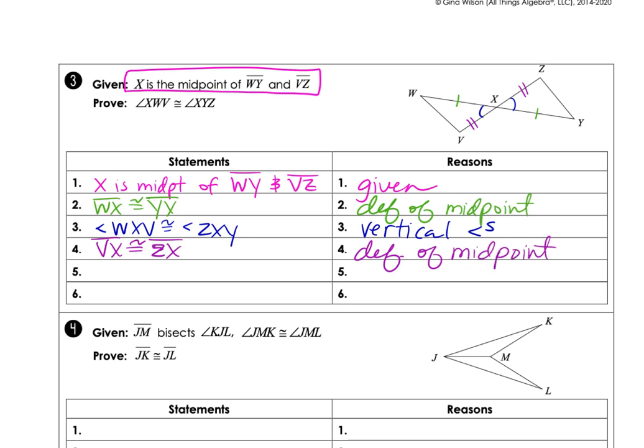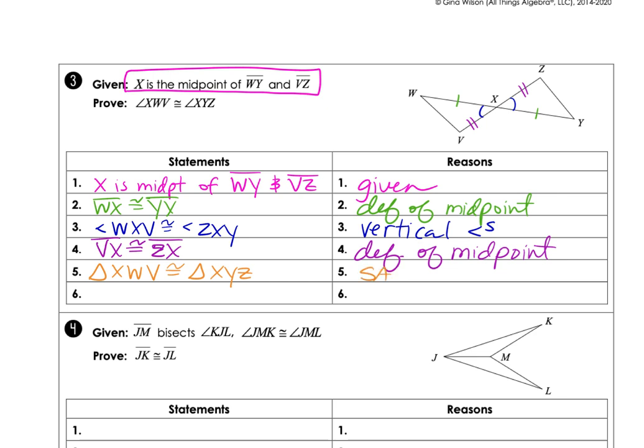Okay. What can you say next? Triangle XWB is congruent to XYZ because... is it SAS?